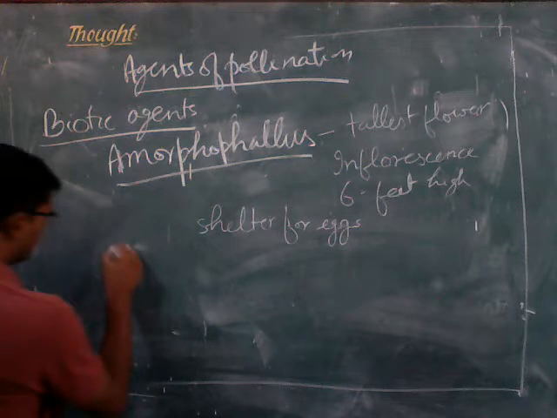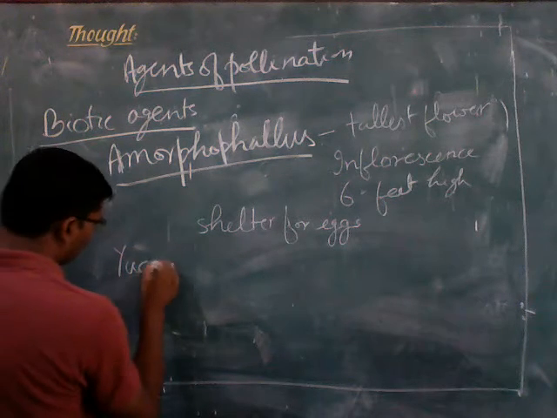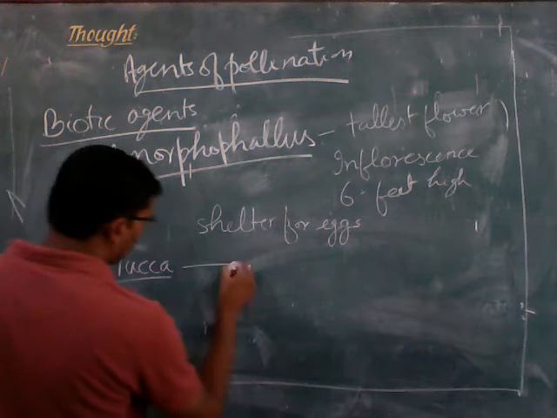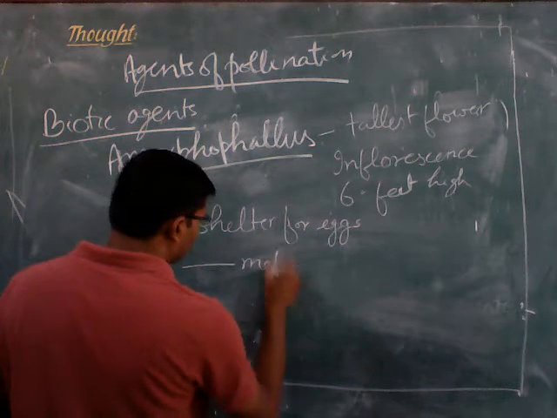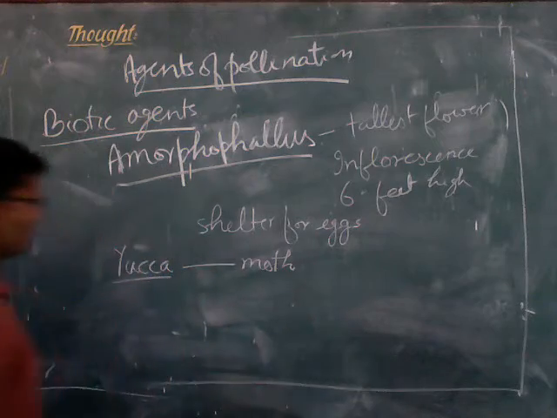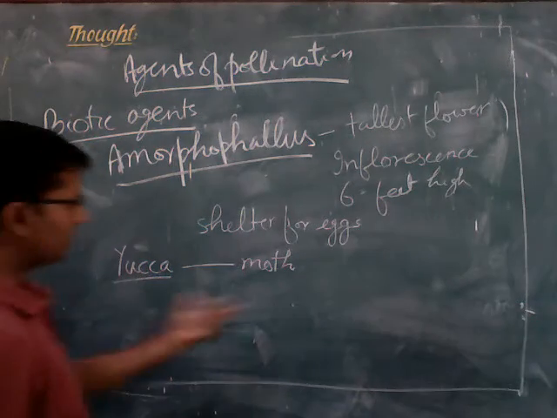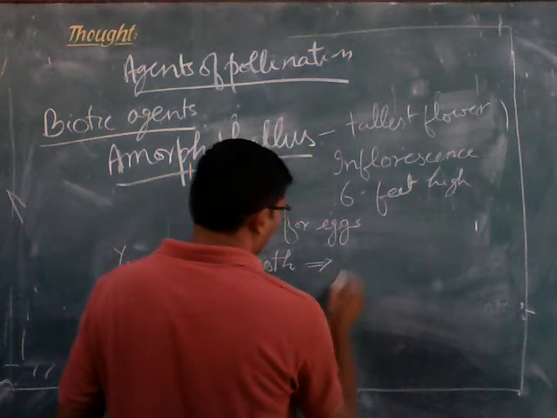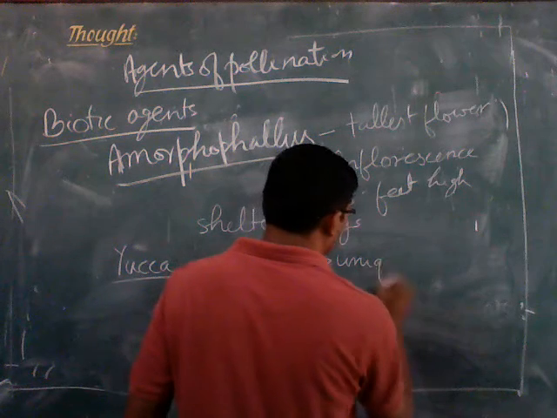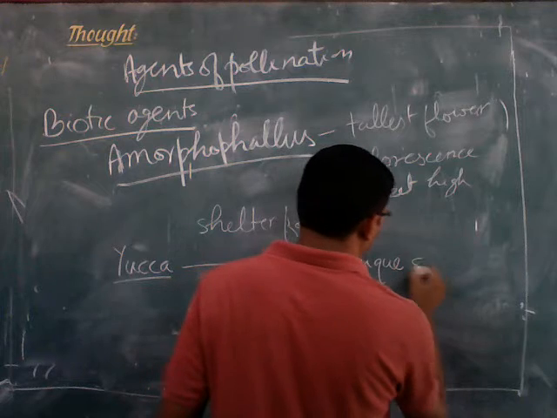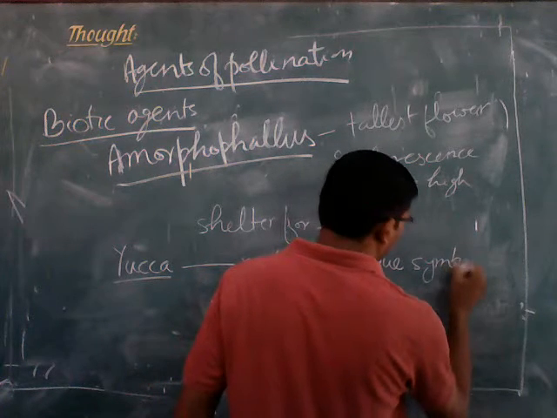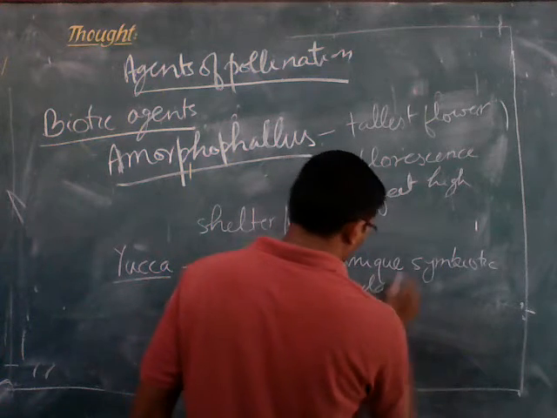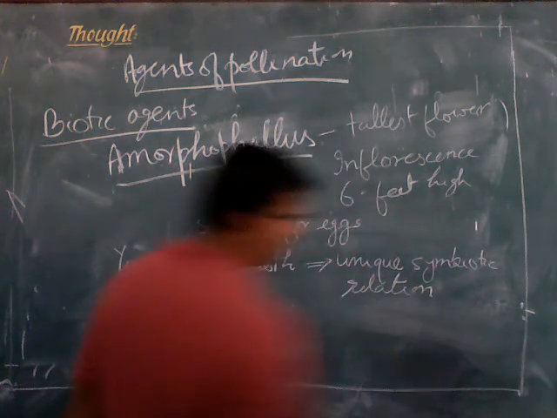Another very interesting example is the plant yucca. Yucca is the name of the plant, and this is fertilized by a moth. So yucca is a plant fertilized by a moth, and this is a very unique symbiotic relationship.